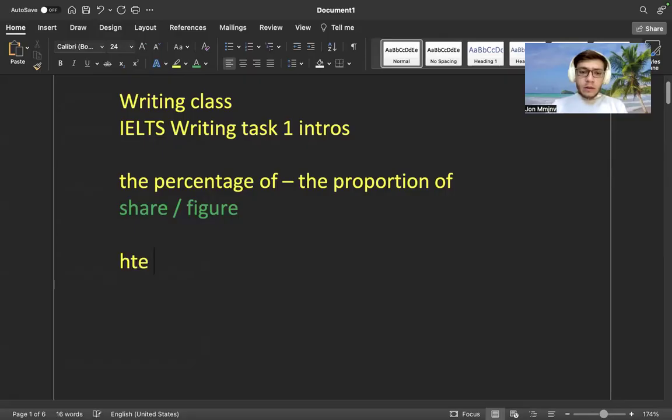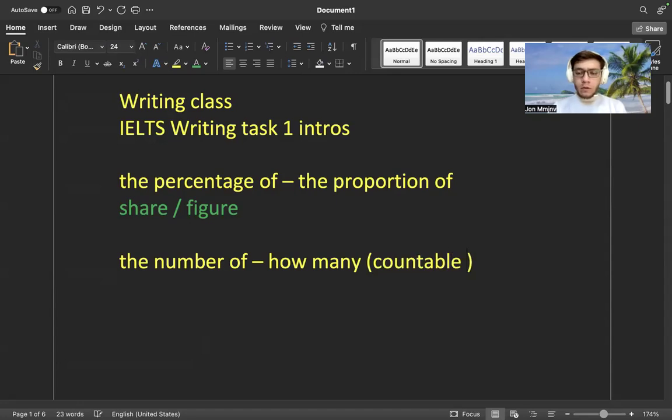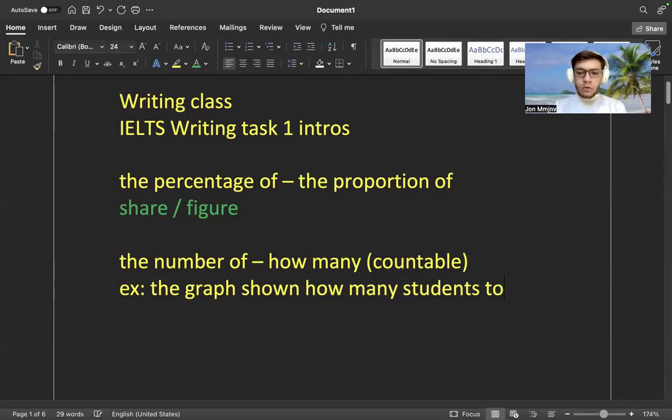Next, if you see the number of, then you need to use how many, if it's countable. For example, the graph shows how many students took part in a race, in a competition.